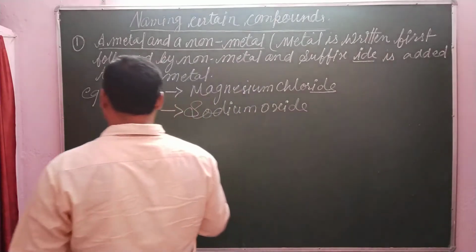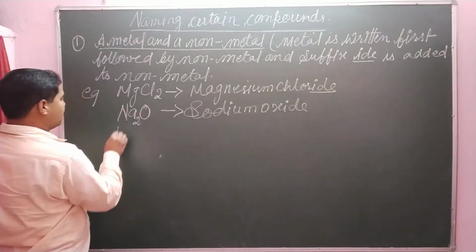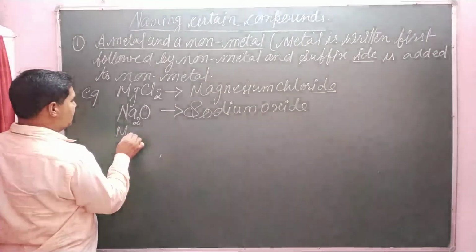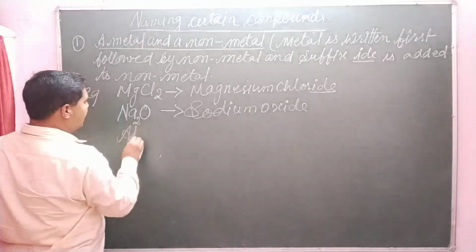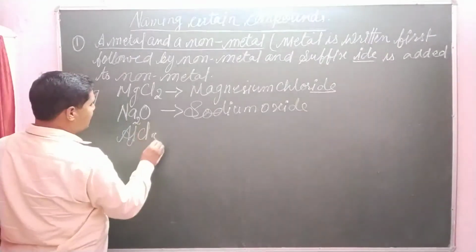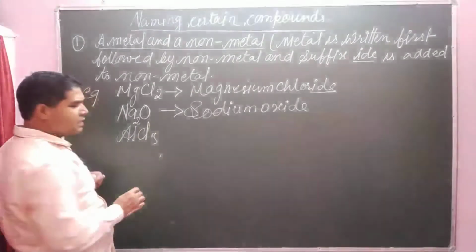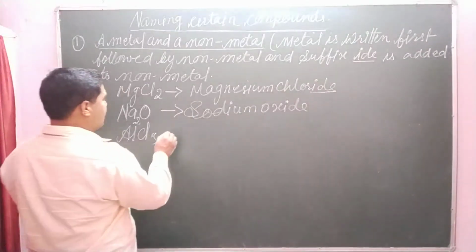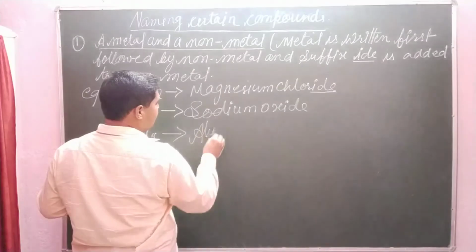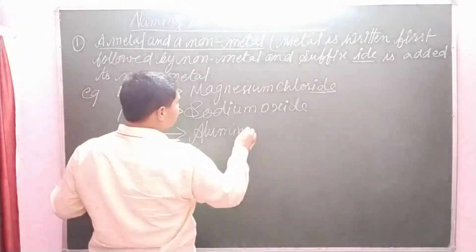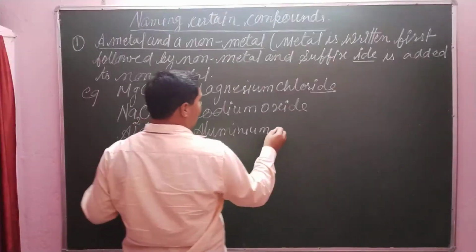Let us see one more example. AlCl3. And the name of this compound will be aluminium chloride.